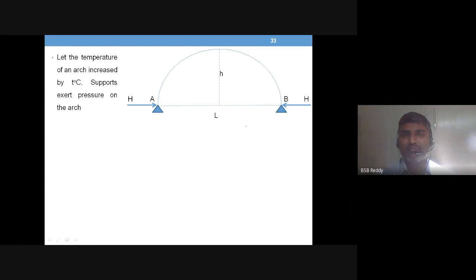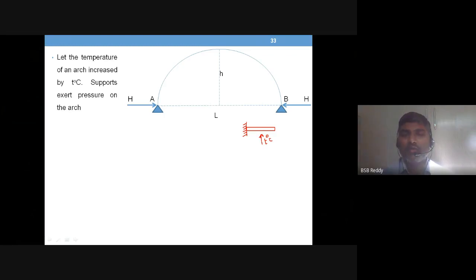For example, if you have a bar where one end of the bar is fixed, say, right? If the temperature of this bar is raised by some T degrees centigrade, there won't be any stress developed in this bar.